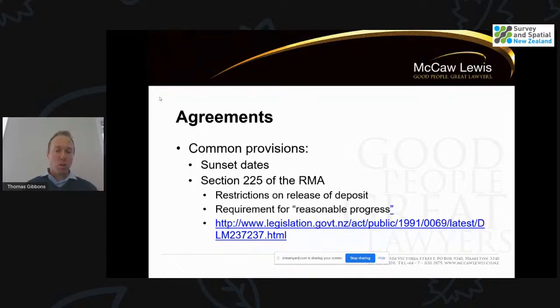The other thing about 225 is that it imposes a requirement for a developer to make reasonable progress over a period of time with their subdivision. And this is a very vague legal phrase, quite a difficult one at times. I sometimes wonder whether reasonable progress is taking a whole lot of little steps, sort of one a week, or whether it's taking a whole lot of big steps, 2 or 3 every 3 months.